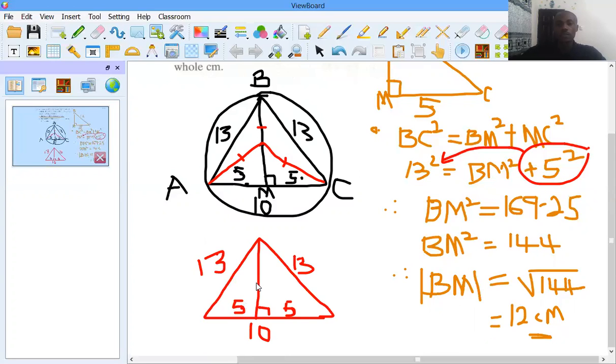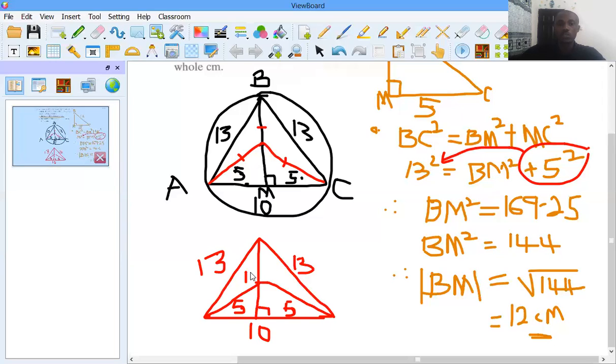And here is the center of the circle, and I draw a straight line from this point to that center. That will give us a radius, and this is another radius, and this length is 12 centimeters.